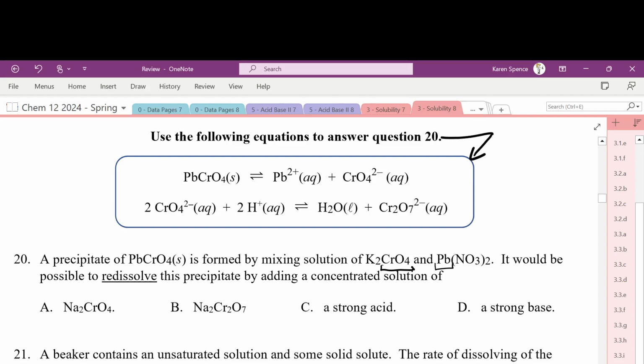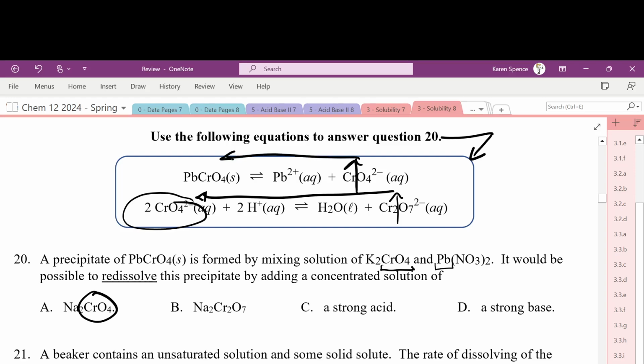All right. Would it make sense to add chromate ions? No. Would it make sense to add dichromate ions? If this shifts to the left, now we've made more chromate, and that would cause this to go up, and that would cause that to go that way.